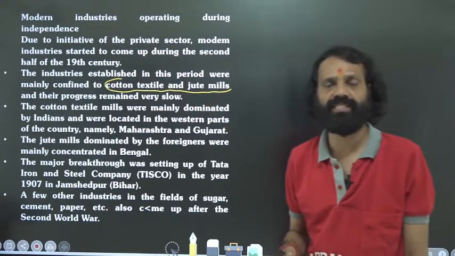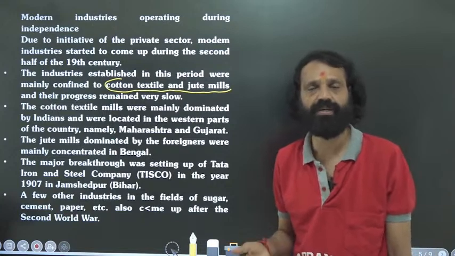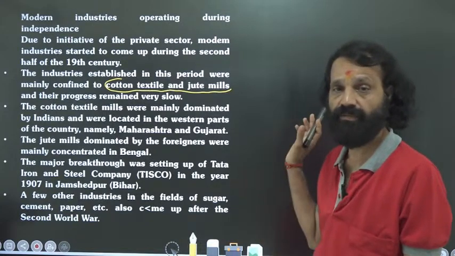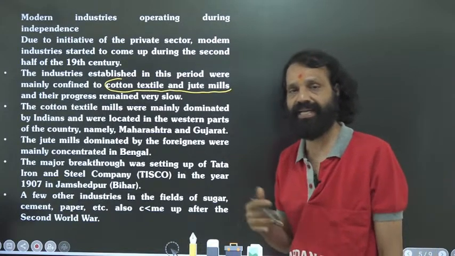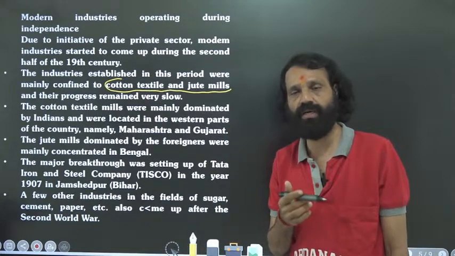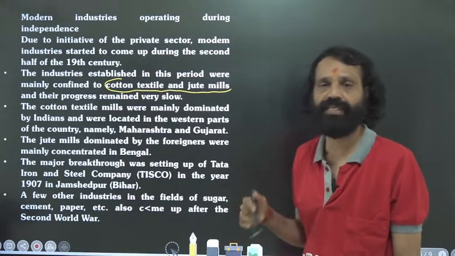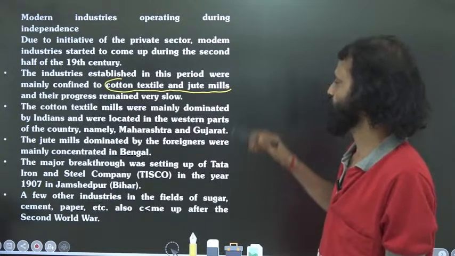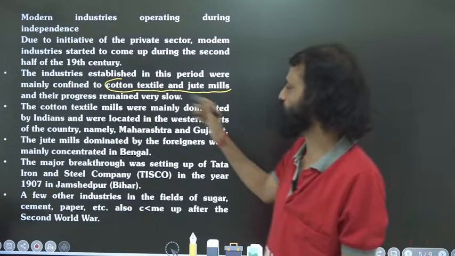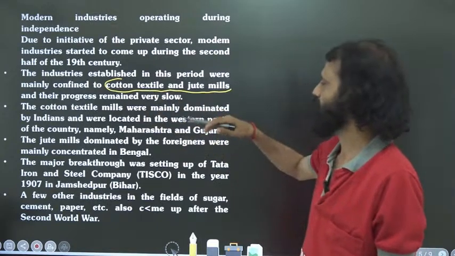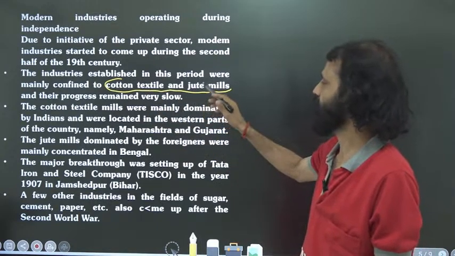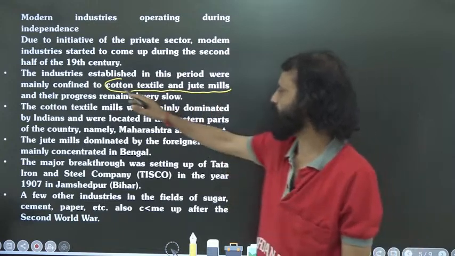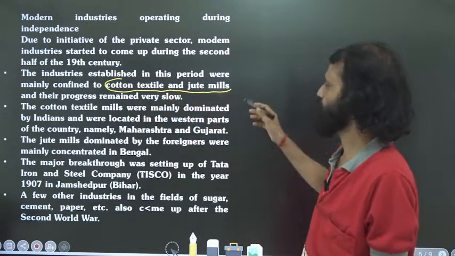Many cotton textile industries and jute mills started in India, mainly in the West Bengal area, that is, present-day West Bengal and Bangladesh. Many also came up in Gujarat and Mumbai. They were promoting cotton textiles and jute mills.